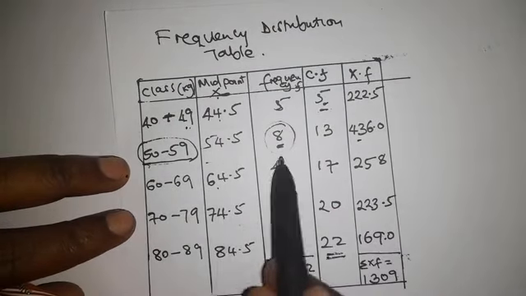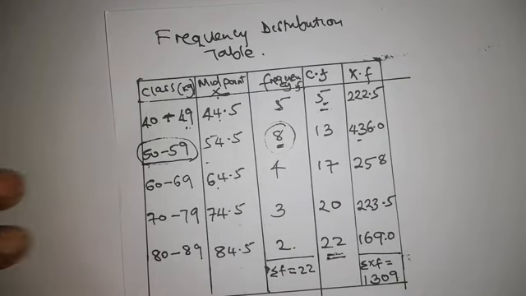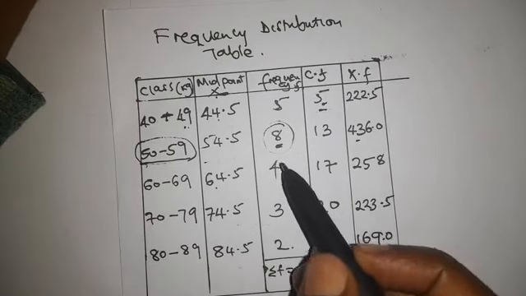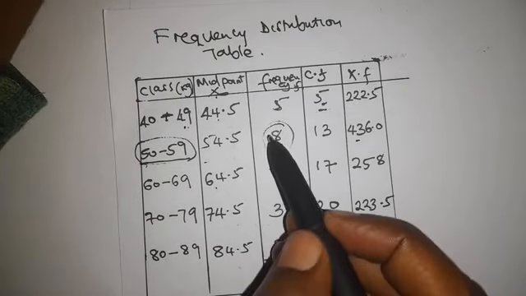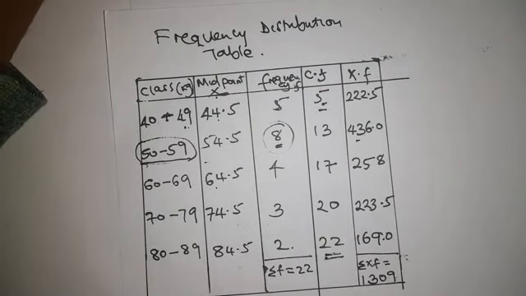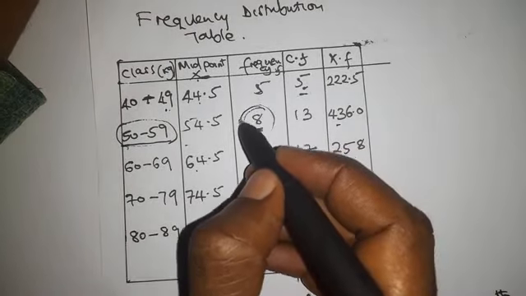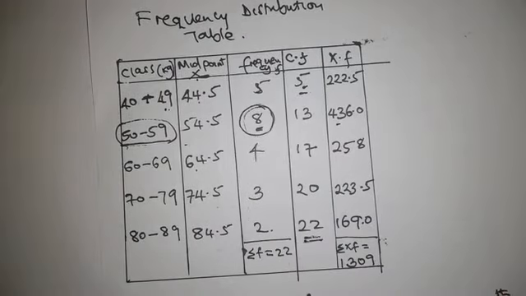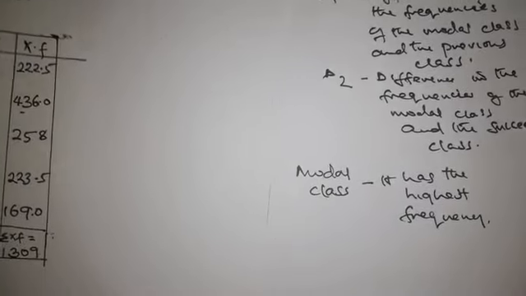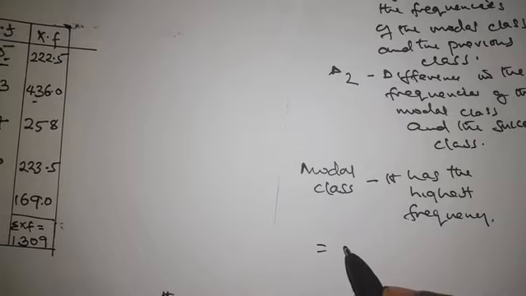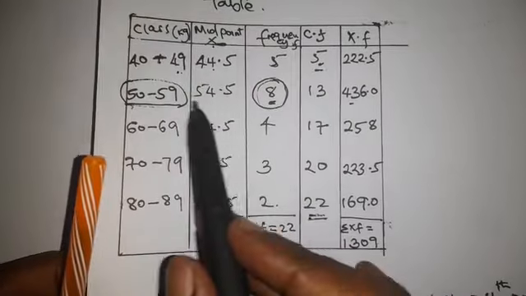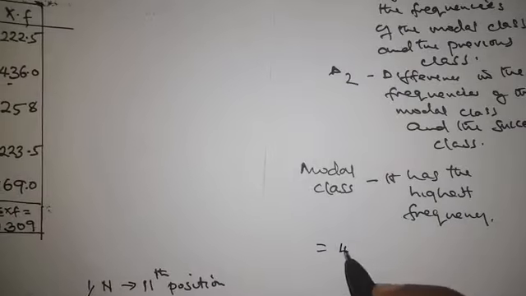The same median class is again going to be our modal class. It's coincidental that it is still again a modal class in as much as it's a median class, because it has the highest frequency. So what we are saying is, first we are going to take LM, the lower limit, of course it's 49.5.